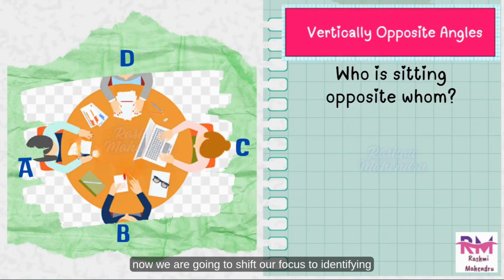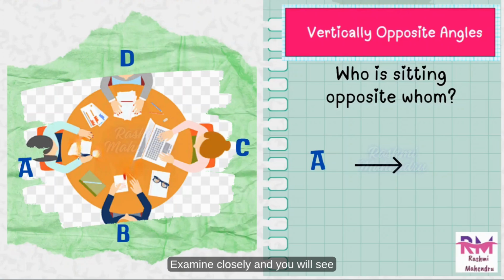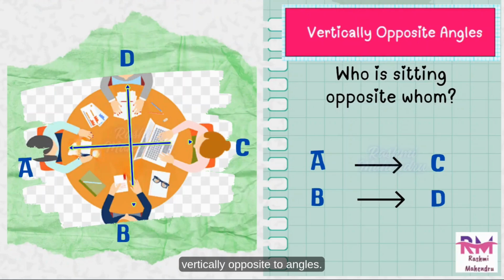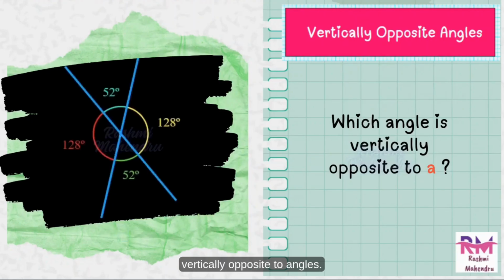Similarly, now we are going to shift our focus to identifying who is sitting opposite to whom. So A is sitting vertically opposite to... Examine closely and you will see A is sitting vertically opposite to C and B is sitting vertically opposite to D. Let's extend this concept of vertically opposite to angles.